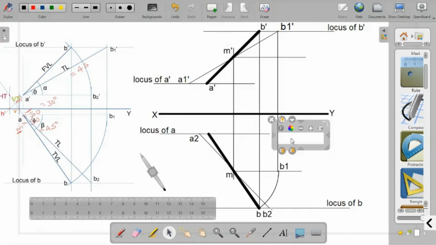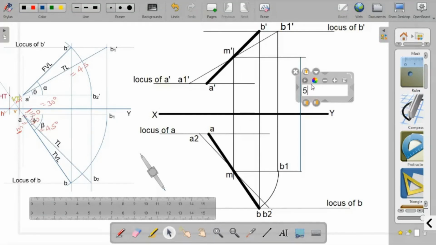So that's it. Now you have to give the dimensions. The dimensions, 50 millimeter here. This line, sorry. This is 50 as well as this is 50. This length is 50, and this length is also 50.